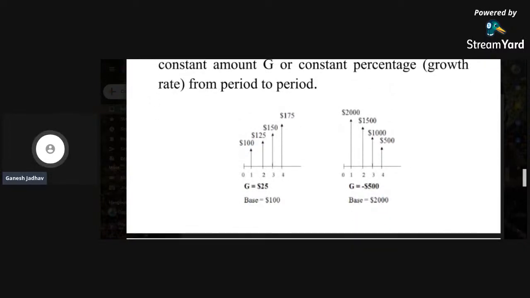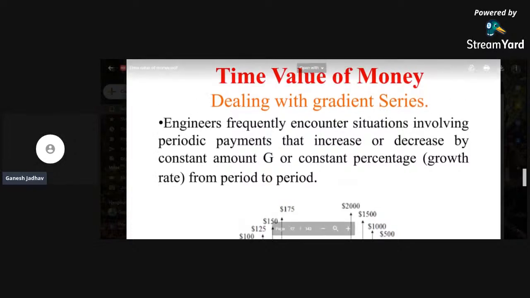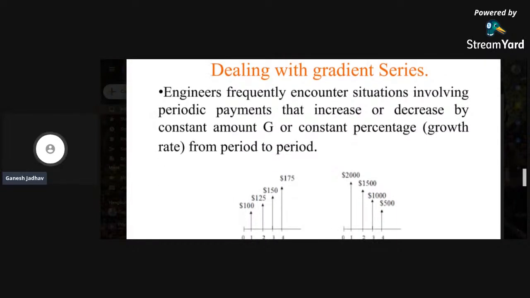Here G is negative 500. Your base is 2000, then in the second year your base is 1500, then your third year is 1000, and your fourth is 500. So dealing with gradient series means how to increase and how to decrease the periodic payment by a constant amount G, or a constant percentage.